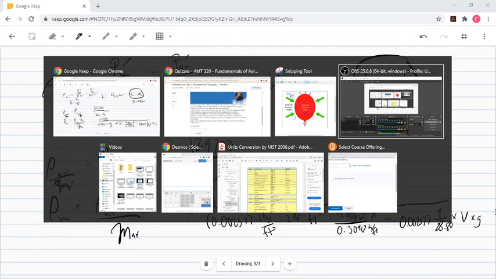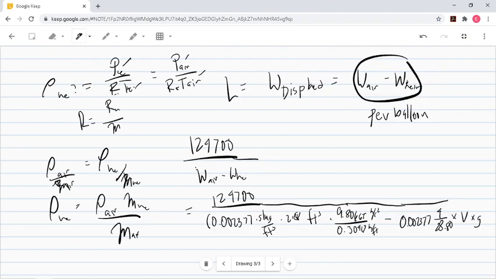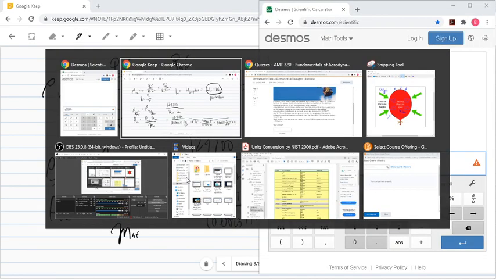So let's put it in our calculator. 124,700 divided by 0.002377 times 2.88. Sakto ba? 2.88.